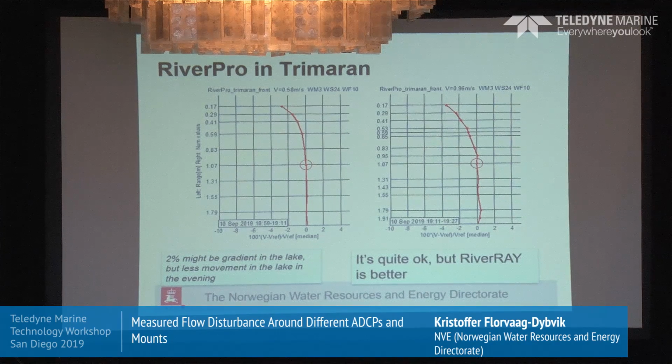The RiverPro in the same kind of trimaran shows a more suspicious pattern. It seems more obvious that there is a bias here, but still the numbers are small. The line for 2% going up here, so it just barely pokes its nose outside of 2%.